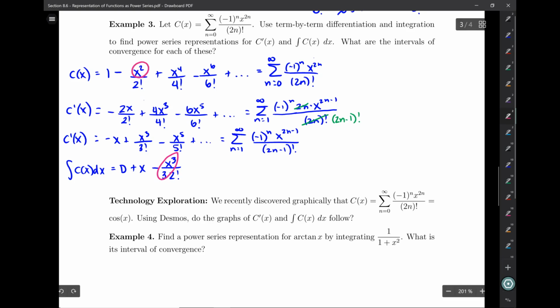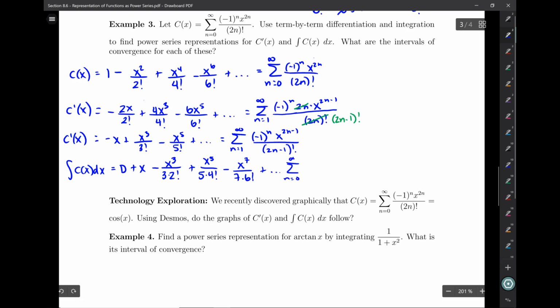The antiderivative of x squared is x cubed divided by 3, using the power rule. Okay, and then the next one would be plus. Now this x to the 4th would be x to the 5th over 5, but still times that 4 factorial, minus, we'll do one more, now this term here, adding 1 to the exponent, x to the 7 over 7 times 6 factorial, dot, dot, dot.